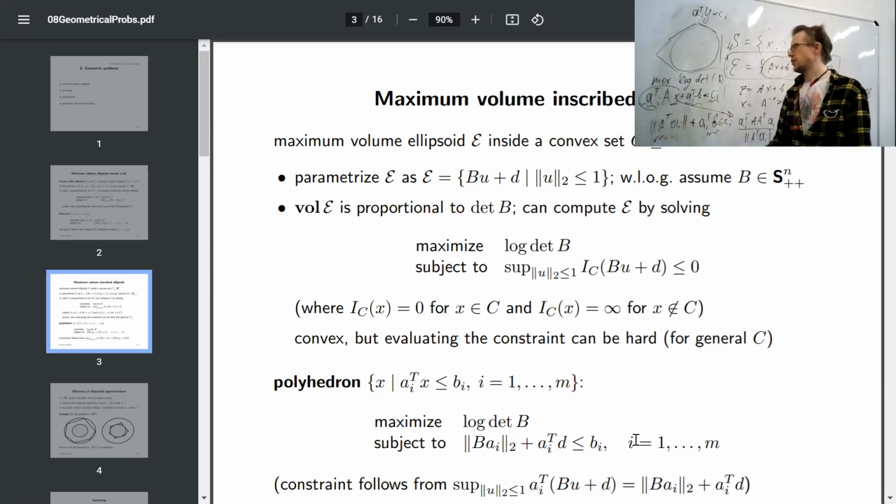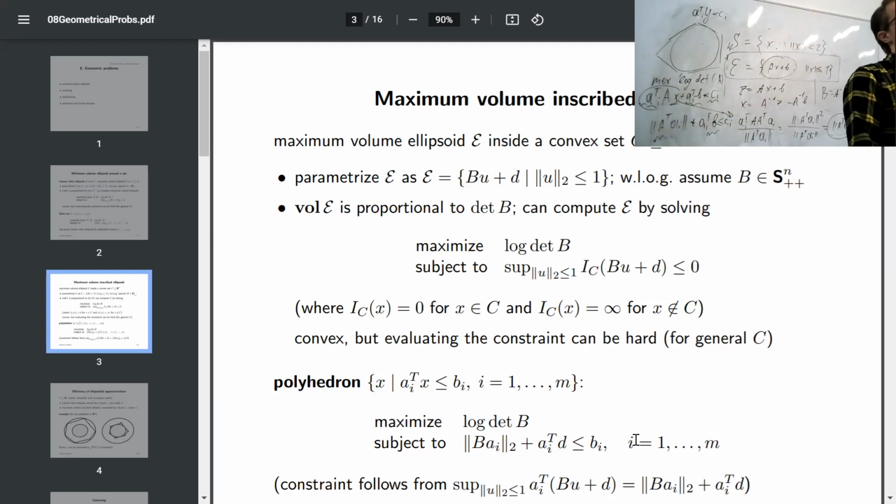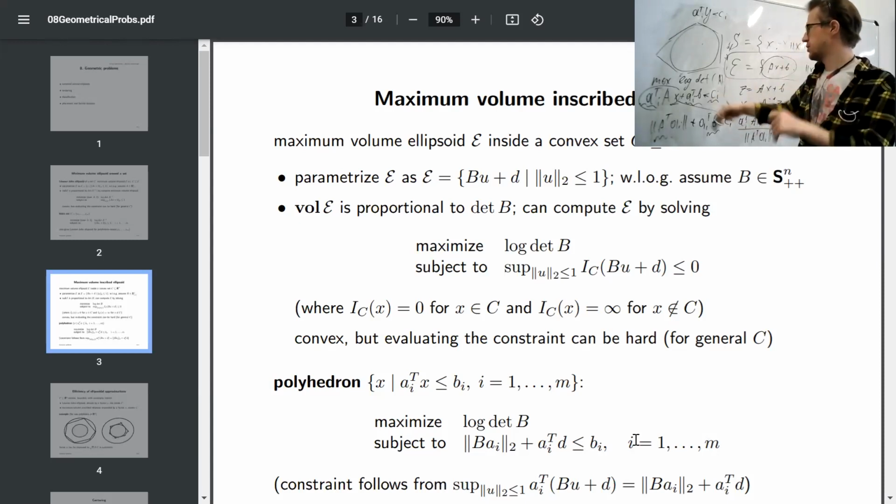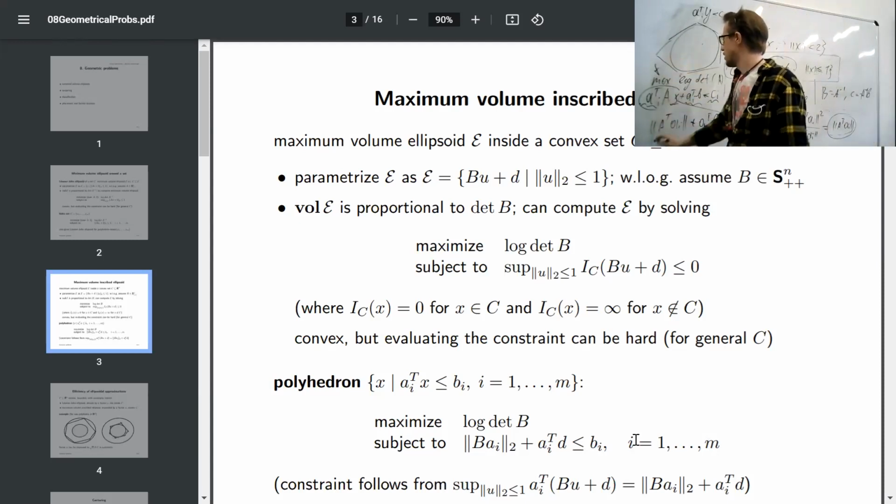If you remember, this is the same as we did in Chebyshev center of a polyhedron, but with a transformation. So okay, let me stop here. I leave you with this one, the question here.